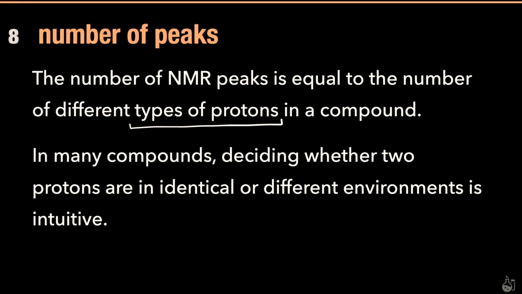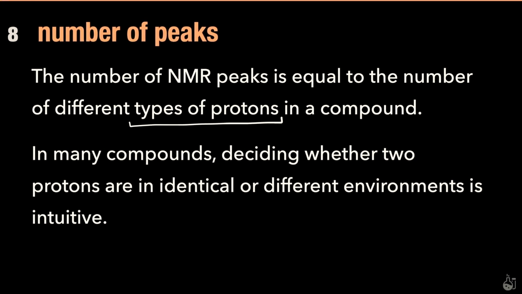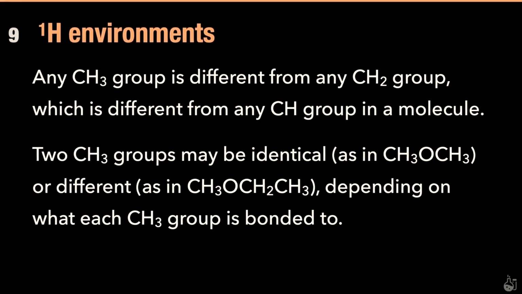But we're going to have a lot more molecules that are going to be different. For example, if a compound has multiple CH3 groups and CH2 groups, by default they will all be different. So a CH3 will always be different from a CH2, and from a CH. But two CH3 groups can be the same or different.